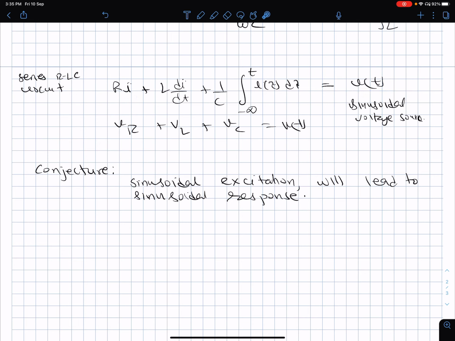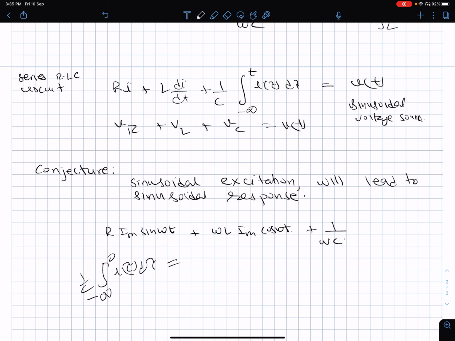So, for example, if I assume that the current i(t) is Im sine of omega t, then the voltage is R Im sine of omega t plus omega L Im cos of omega t, by substituting for di by dt, plus, by integrating it, I get 1 by omega C terms, and assume that from minus infinity to 0 the integral of i(tau) d tau, times 1 by C, which is basically the integration of current, is charge.